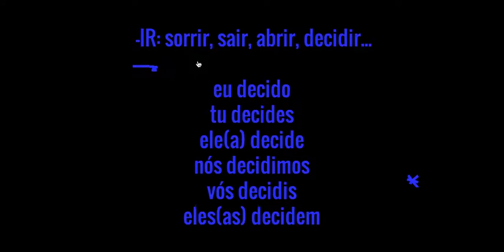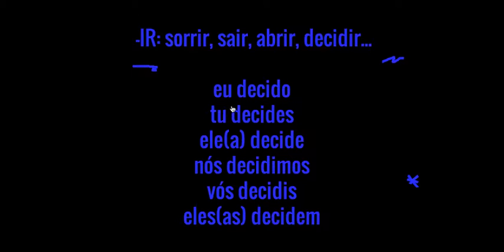Then we go to our last group of regular verbs, those ending in IR. For example, the verbs sorrir, to smile, sair, to leave, abrir, to open, decidir, to decide. Then let's take a closer look at the verb to decide, decidir. First person singular, eu decido, I decide.